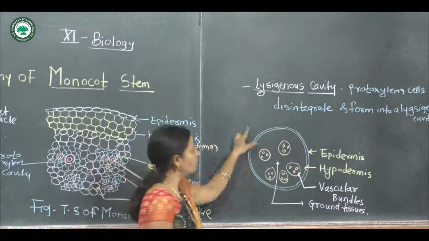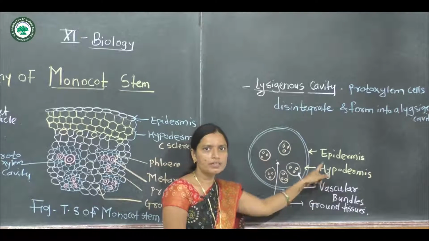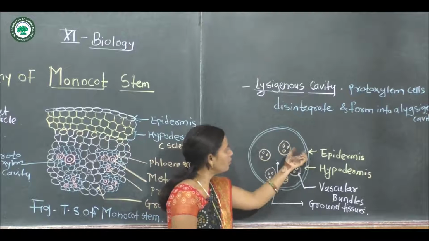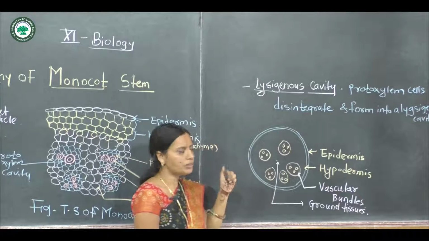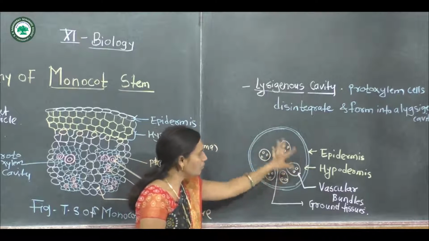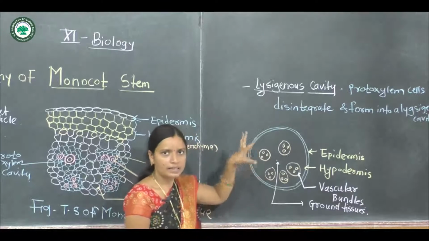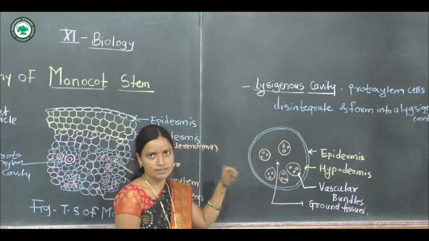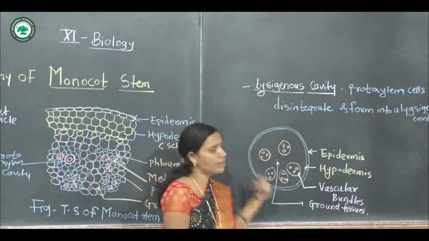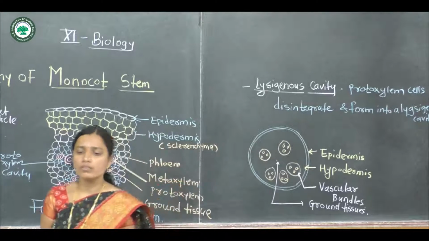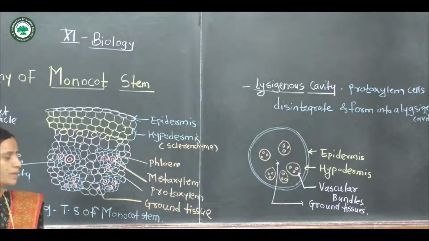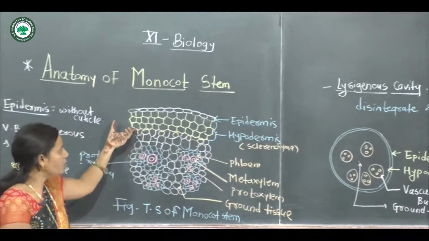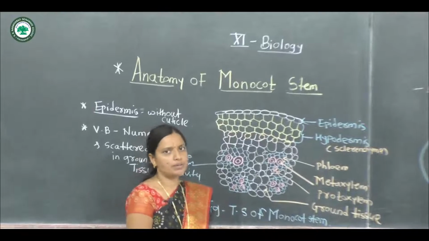This shows the outermost layer, the epidermis. Below the epidermis is the hypodermis, then the ground tissue, and in this ground tissue some scattered cells are present, and these scattered cells are the vascular bundles. They are found in the innermost part of the monocot stem. The hypodermis is sclerenchymatous.